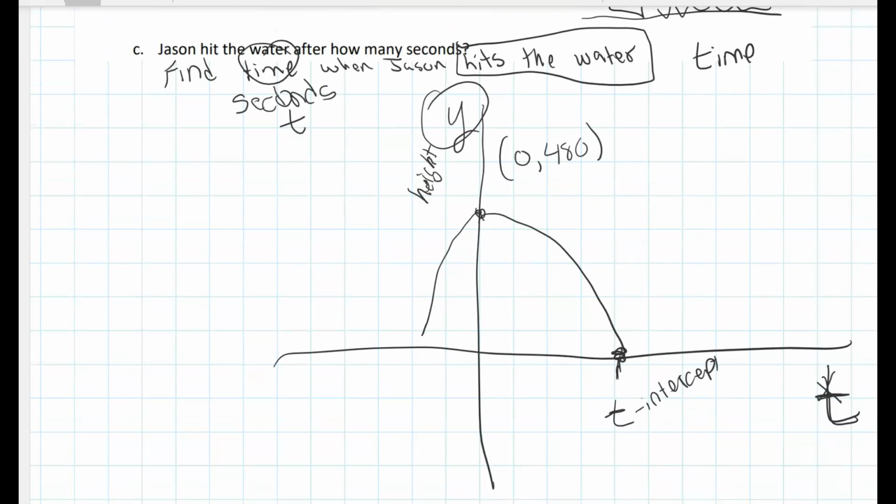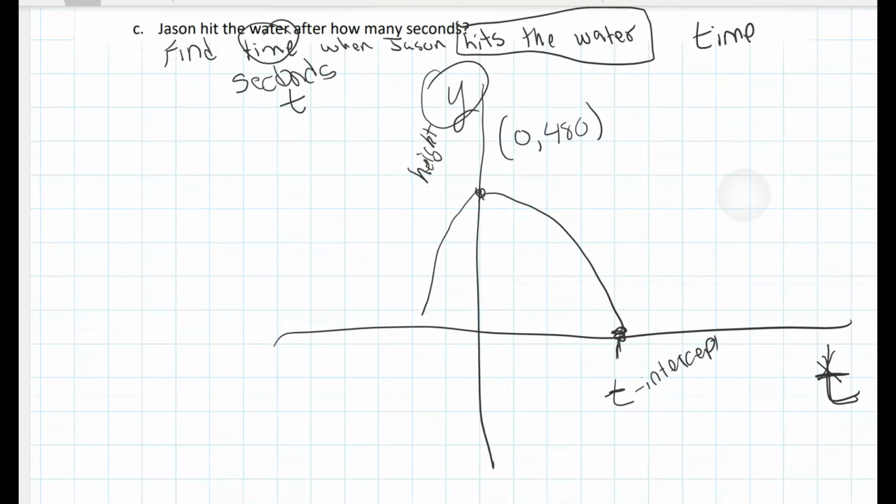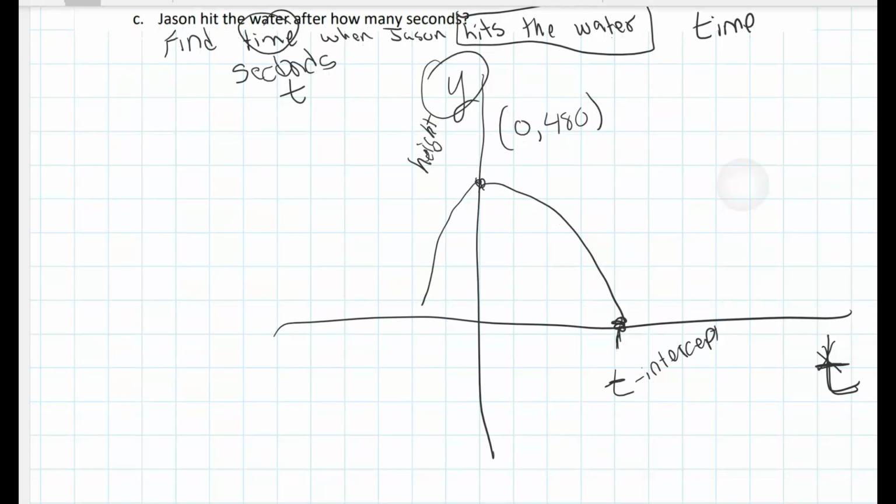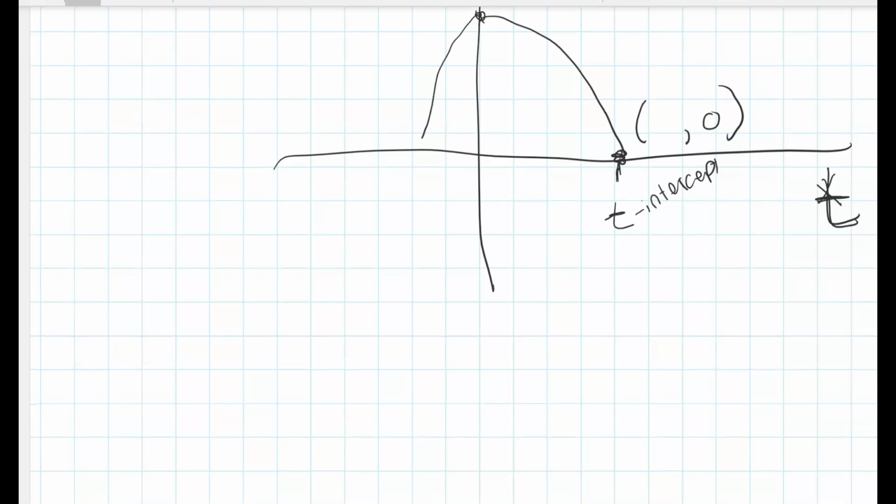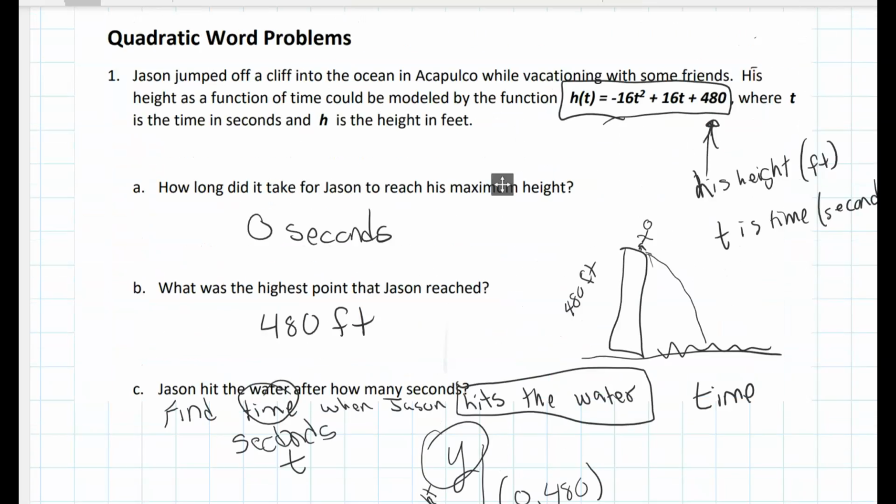I know what the t is when y is 0. Exactly. When y is 0. See, all of this doodling. Also, what do I know? Well, what is this called? What if I look at it a different way? All right, so t-intercept. So what was the function?